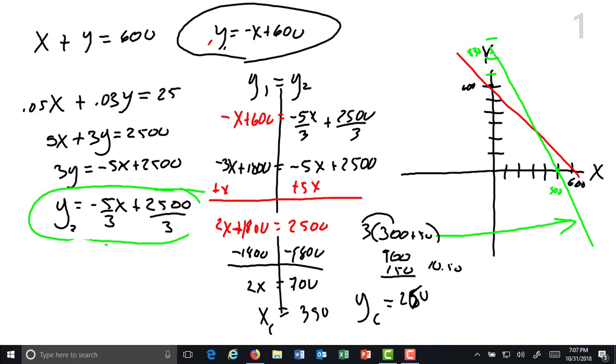Okay. So what I really needed to do was, this is actually 250. So what I was going to do is here, this means 3%. So I wanted 5% of x. So I want to know what 5% of 350 is, right?